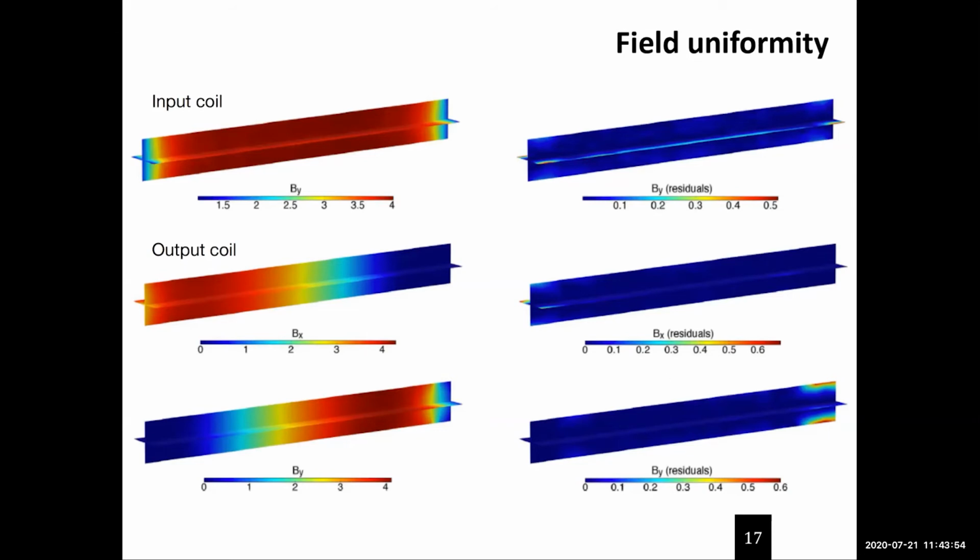We can see that there are differences, but those are mainly near the regions where we have the current paths. For most of the volume of the inner region, we have residuals that are less than 10 milligauss for these coils.